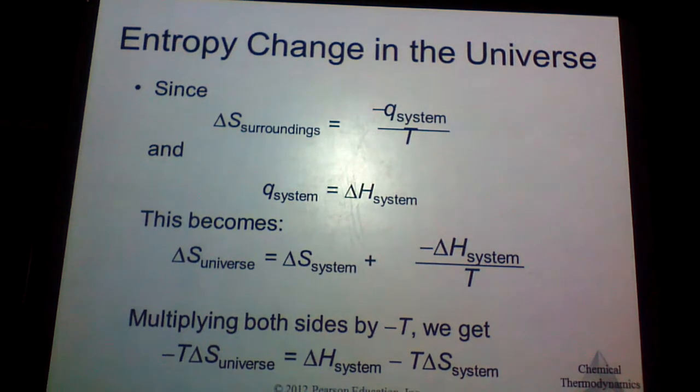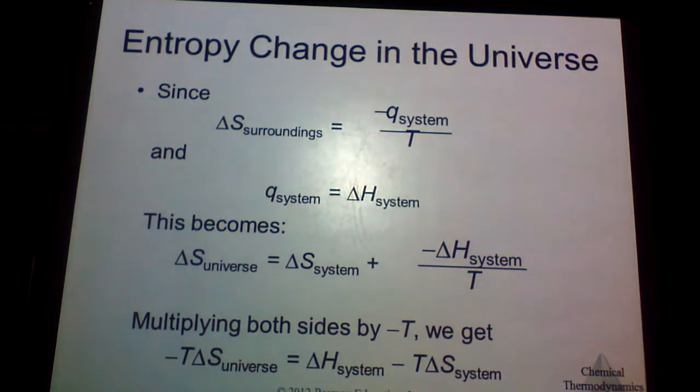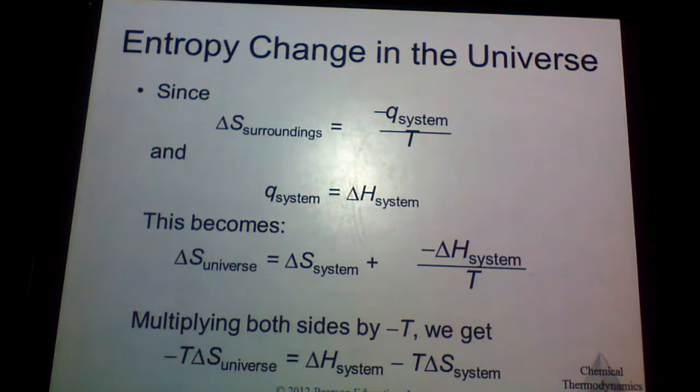Okay, but we could also go a bit further, and we do that just because we don't like anything in the denominator, really, in chemistry or in math. We just don't. So let's multiply both sides by negative T, negative temperature.